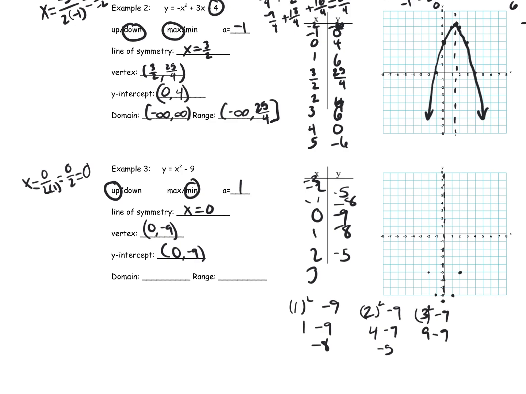That's going to be 9 minus 9, so that's 0. And then just to show you, 4 squared minus 9, that's going to be 16 minus 9, so that will be 7. So 4, 7, negative 4, 7 there. So we can go ahead and do our best to plot that parabola.